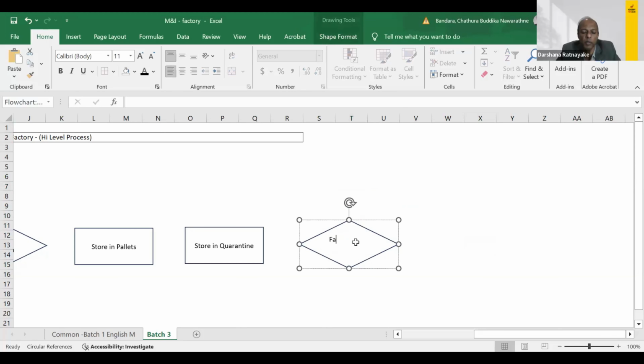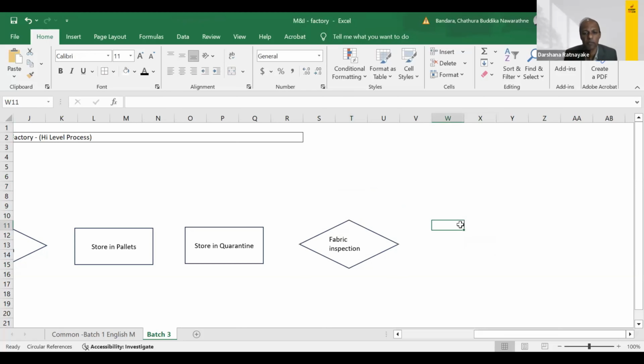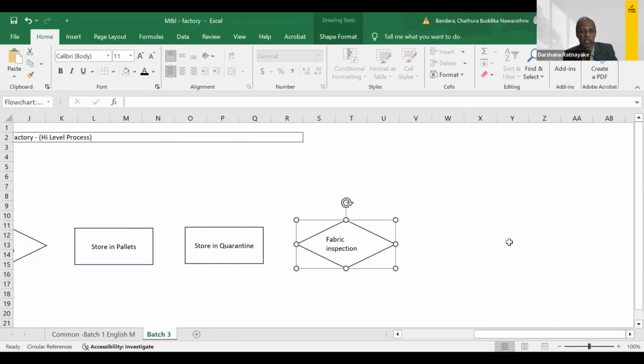Some companies do more operations, more processes, some do less, but we will draw something in between, and we'll understand later. Then we will draw exactly for your company. So store in quarantine, and then from quarantine we take the fabric for fabric inspection.